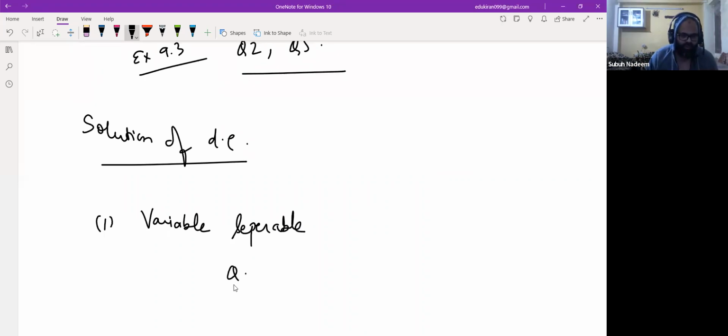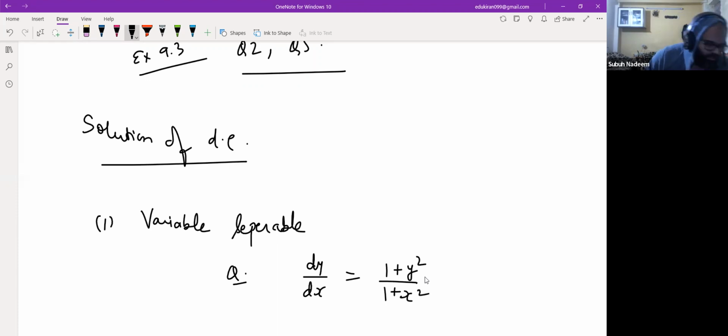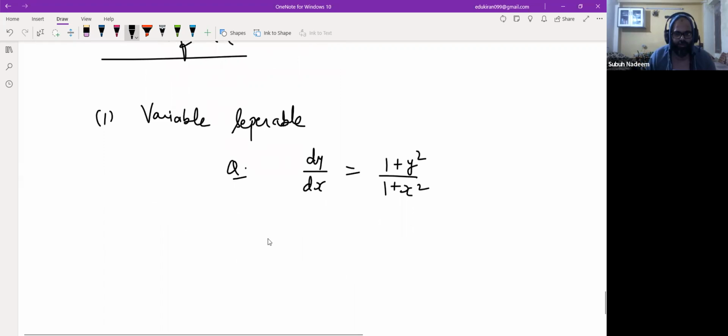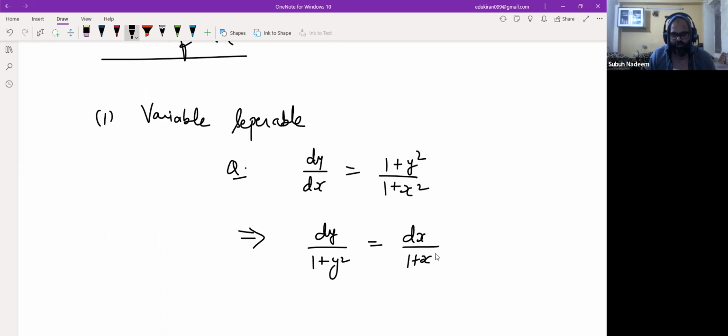a differential equation dy by dx is equal to 1 plus y square by 1 plus x square. So when you separate the variable, you will get dy by 1 plus y square equal to dx by 1 plus x square.